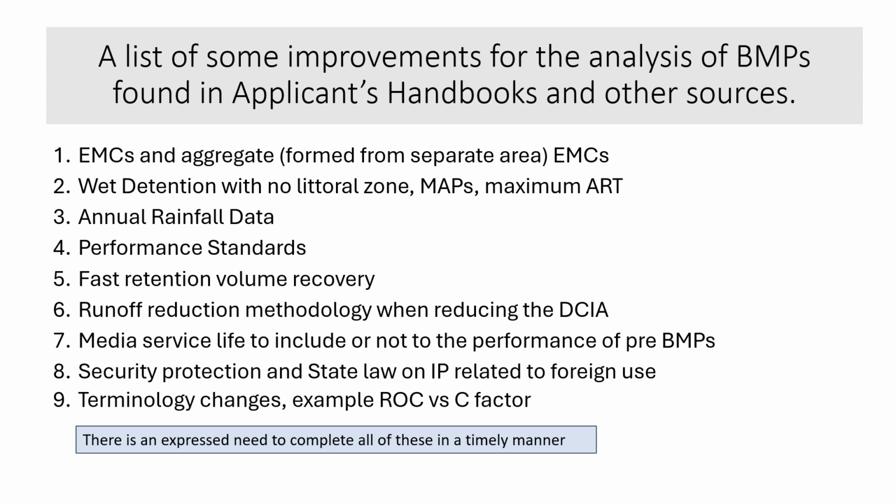Finally, clarifying and standardizing terminology, such as distinguishing between runoff coefficient, or ROC, and the C factor, will improve consistency and communication across projects. These are all areas that have been identified as needing timely attention and completion to enhance the effectiveness and clarity of our BMP analysis and permitting processes.